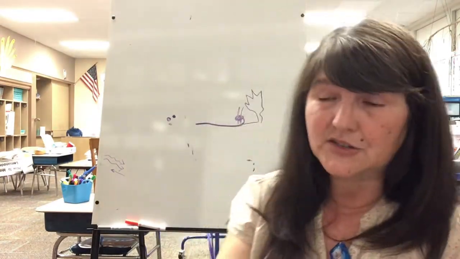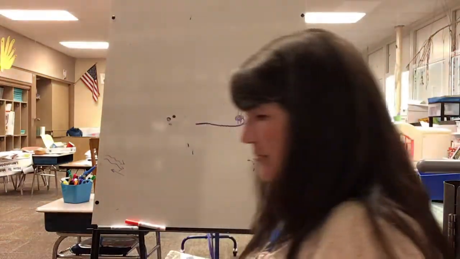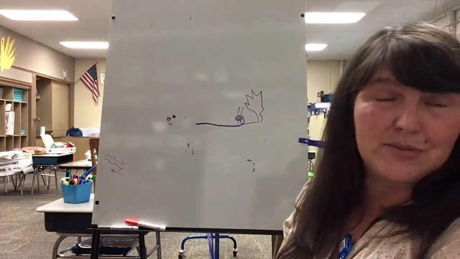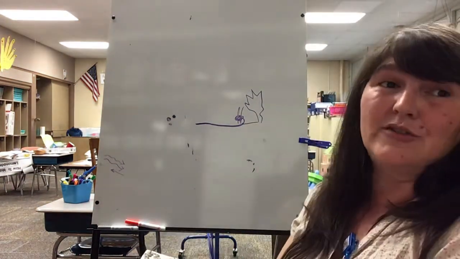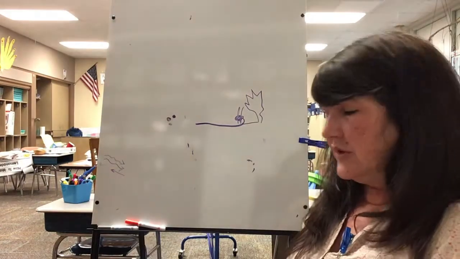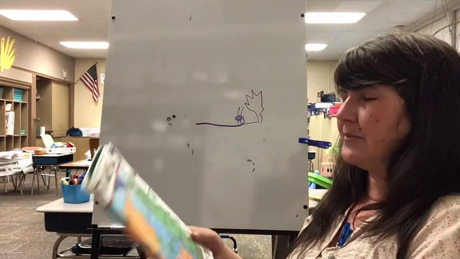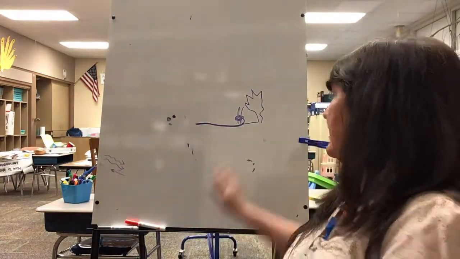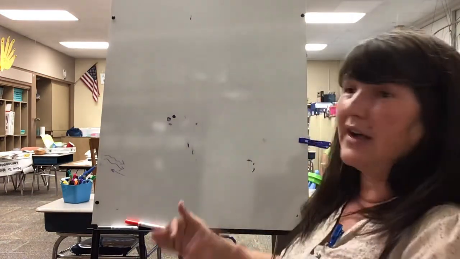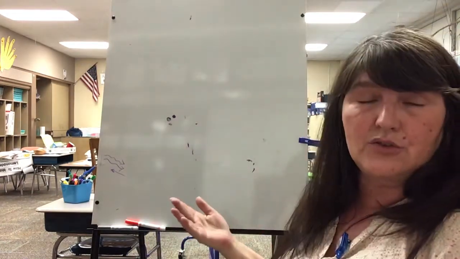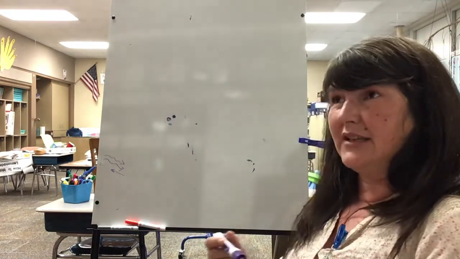It's a very large number. As a matter of fact, some people believe that there are so many more animals and plants that we don't even know yet. We haven't even learned about. Now, I will show you this last little section. The rainforest is actually divided into layers, and different creatures and plants live in different places.